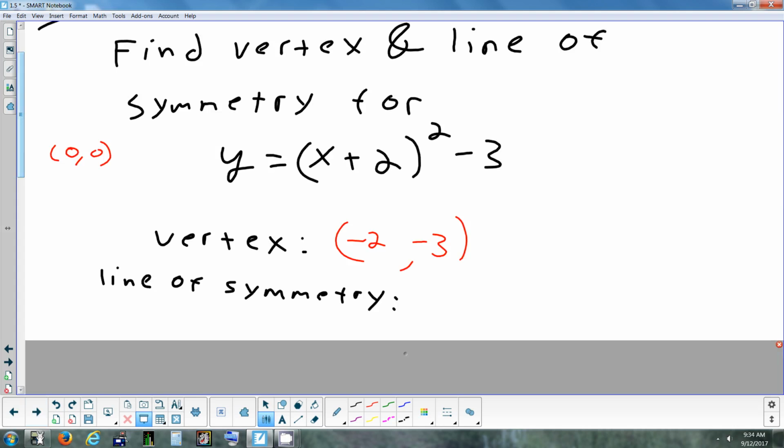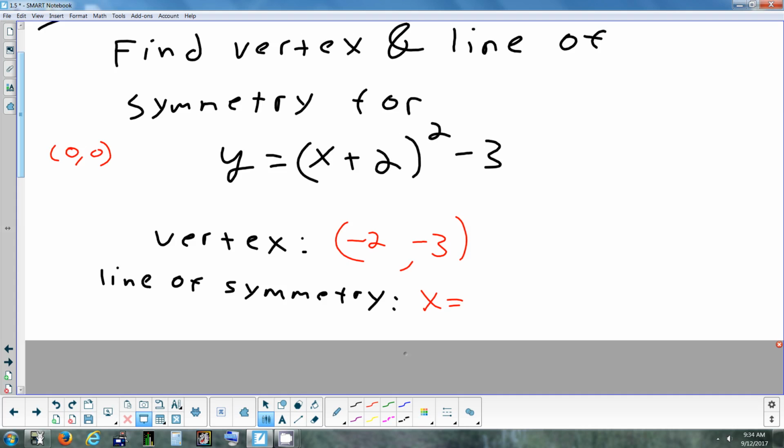Line of symmetry, Trevor, always starts out with what letter equals? No, because that would be a horizontal line of symmetry. X. So X equals. And how about, Anna, what would be my line of symmetry here?